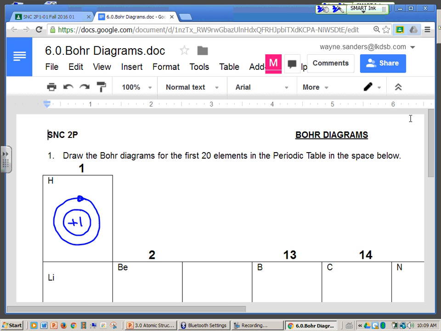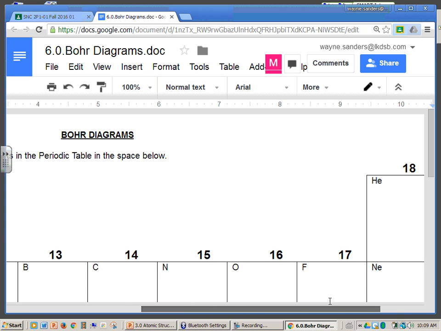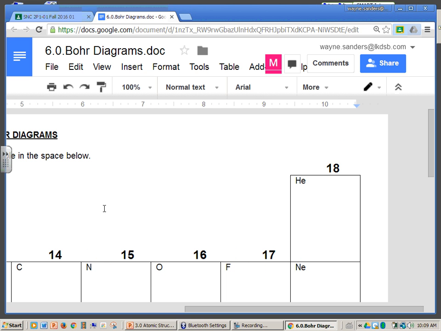Now, I'm going to have to shift over to the other side to get the helium, and my pen marking is going to stay on me. Where's the pen marking? Oh, it's gone. Nice. So for helium, I'm going to put my circle. I'm going to eventually have to make my circle a little smaller. My +1 moved along with me. Don't mind that.